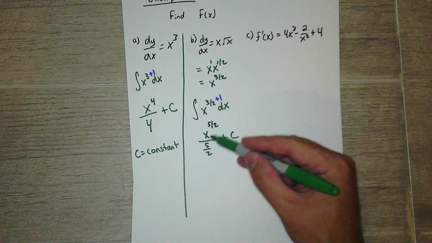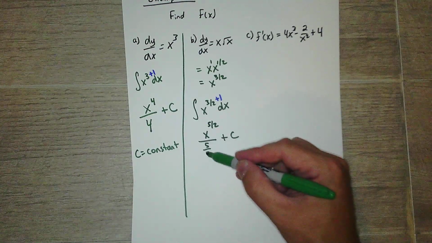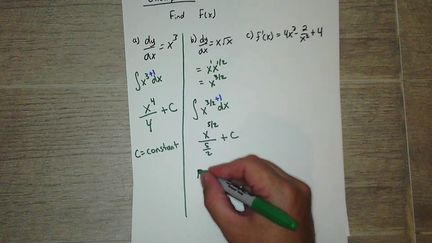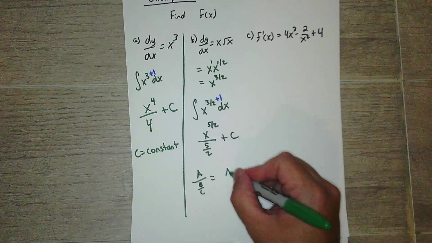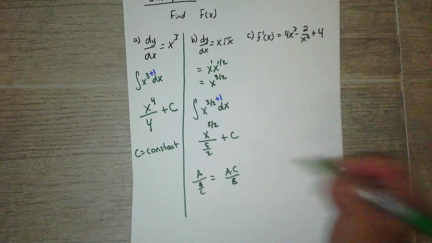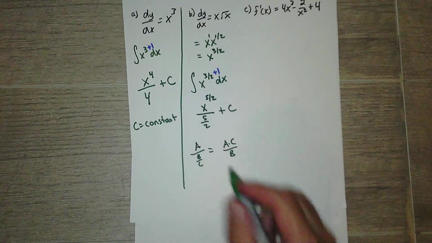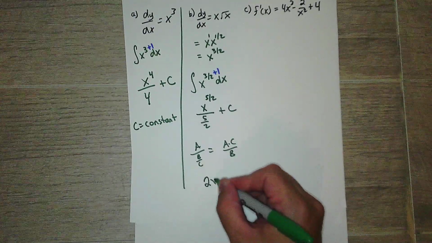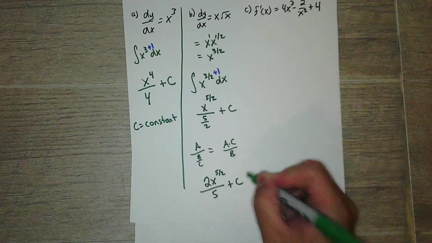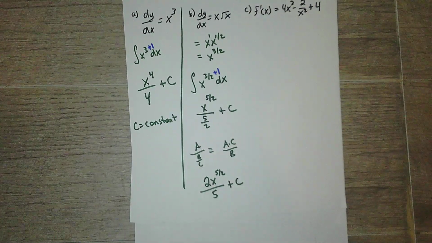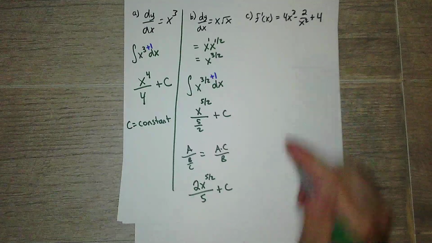I got a term over a fraction, so if everybody remembers that, I get 2x to the 5/2 over 5, and then my plus c.